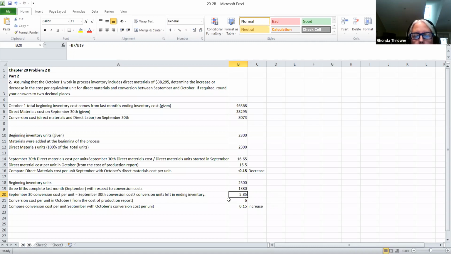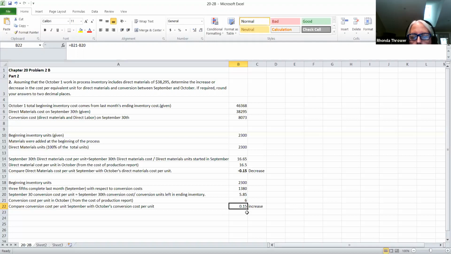We're going to compare that with what happened this month. $6 was taken from the cost of production report for this month. It increased by 15 cents over last month. Last month it was $5.85. This month it's $6.